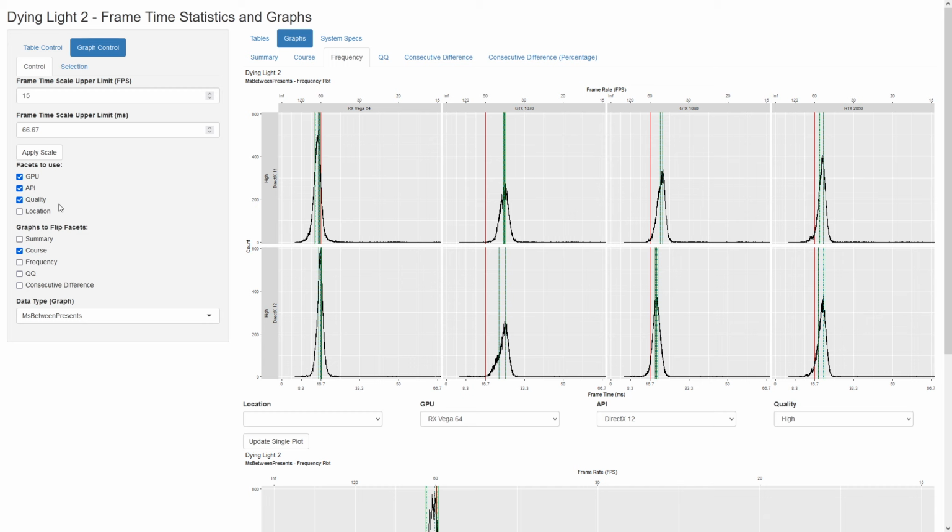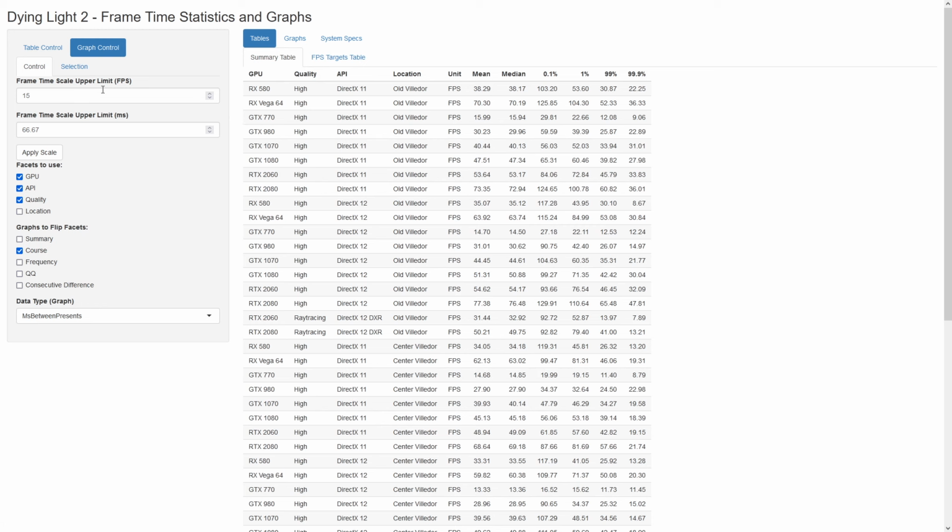But all this did is it's no longer separating out the data by location. So for VX64, this is all of the data at the high quality setting using DirectX 11, all of it together. It's not split out like that. That's actually legitimate to do. It completely is. And then I could just get whatever the mean is for that.